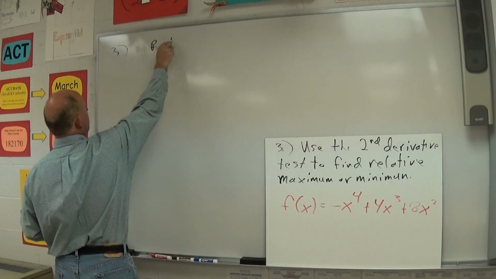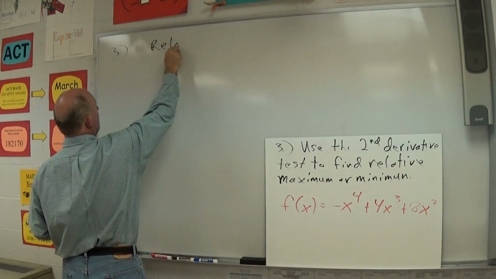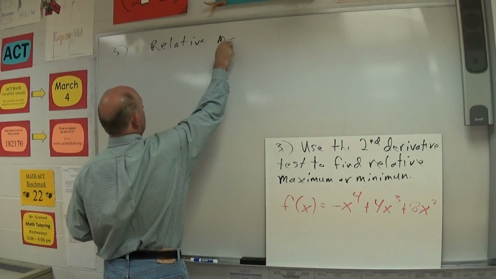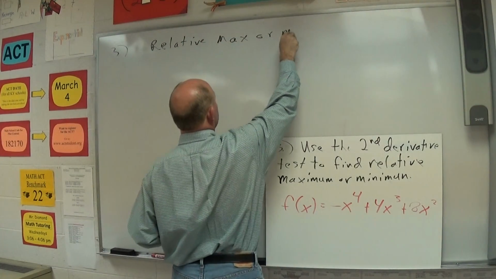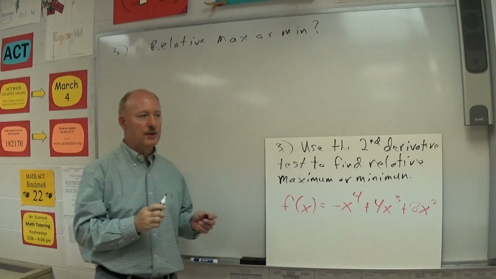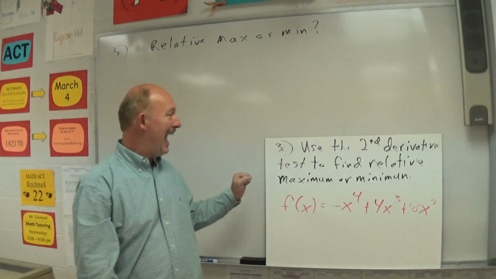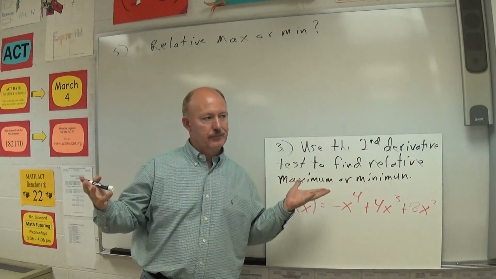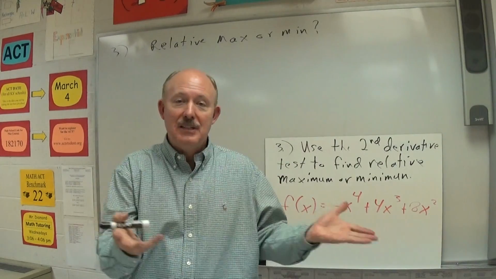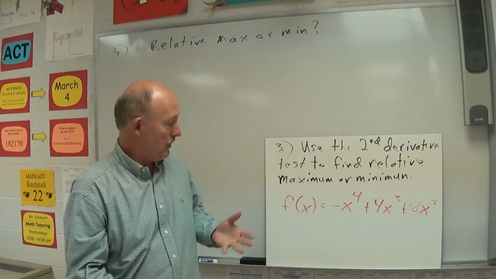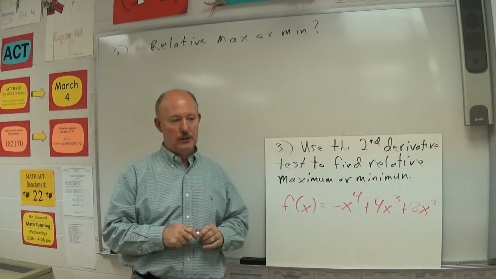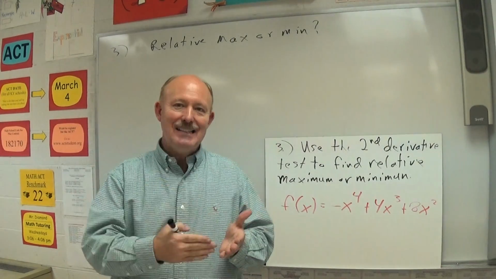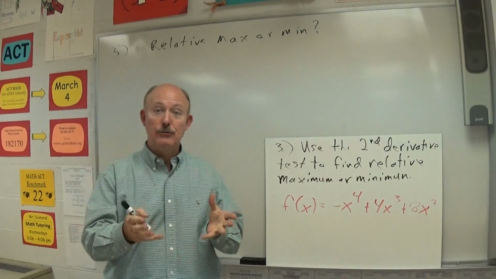So we're looking for relative max or min. All right, so what are our relative maximums or minimums? Now this time we have to use the second derivative test. So technically, if it doesn't tell you which test to use, you can use the first derivative test if you want to. If you can easily get the second derivative, the second derivative test is good.